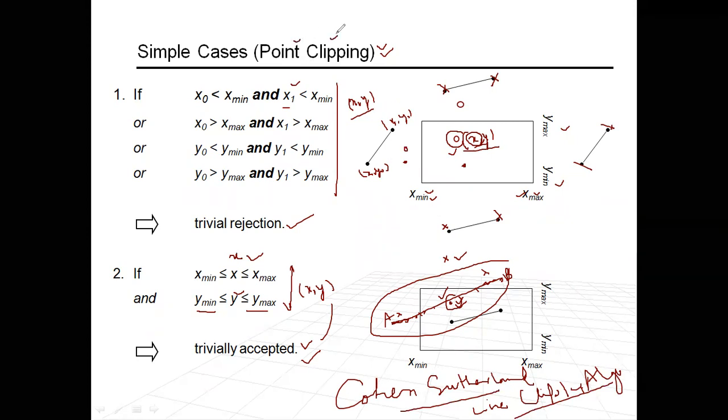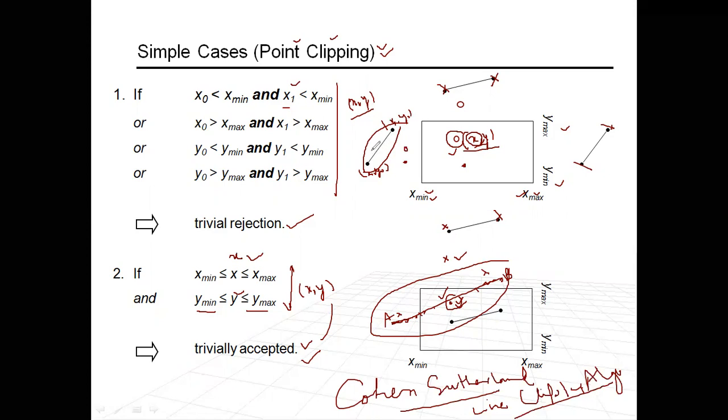This is the basic method through which you can check whether a point is in the visible region or outside the visible region. Whereas when we talk about a complete line, if we apply a point clipping method on it, it will be complex and take too much time.